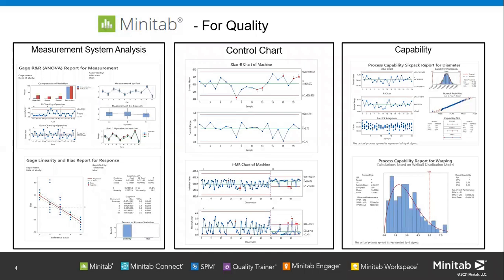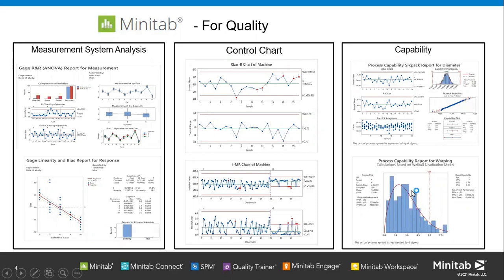We also cover control charts for SPC, from the basic Xbar chart to advanced ones like CUSUM, EWMA, and so on. We also have capability analysis, where you assess whether the process is capable within your specification limits. There are two types of representation for capability: the Six Pack or the capability analysis.